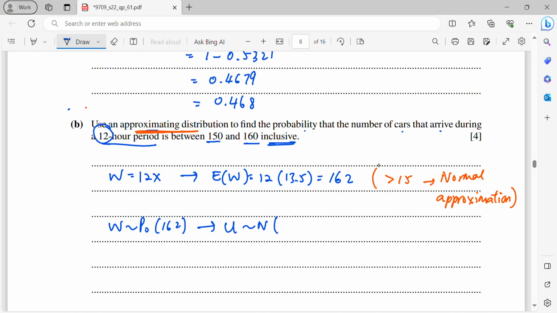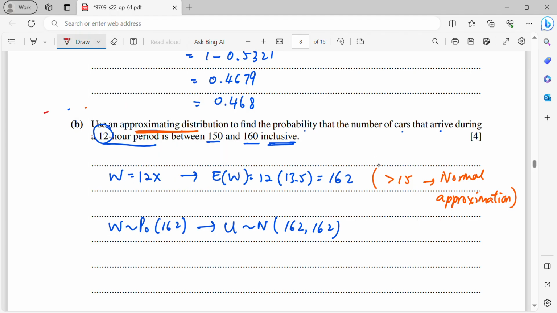Now, for your information, the mean and variance for Poisson will be the same, which means when you approximate it to normal distribution, the mean will be 162, the variance will be 162.